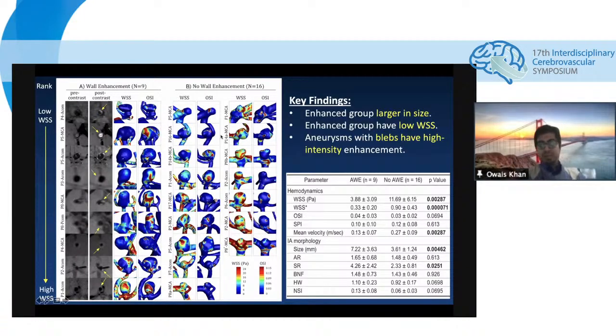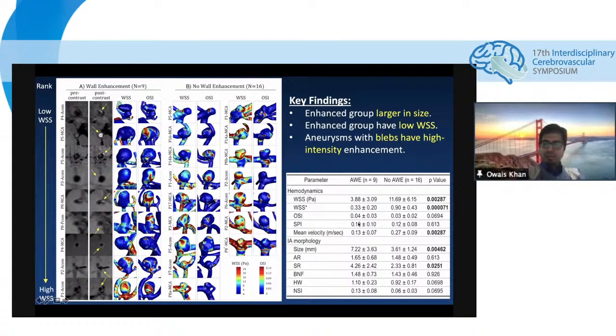So the key findings from this diagram are that the enhanced group had aneurysms that were larger in size and had lower wall shear stresses. But another thing I noticed was that aneurysms that had blebs had high intensity enhancement, which was interesting for me. I'll talk a little bit about that further.